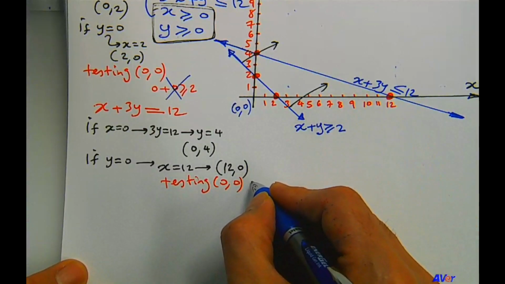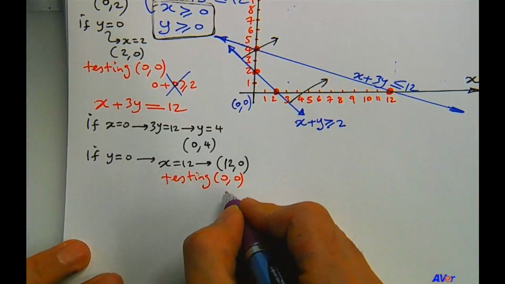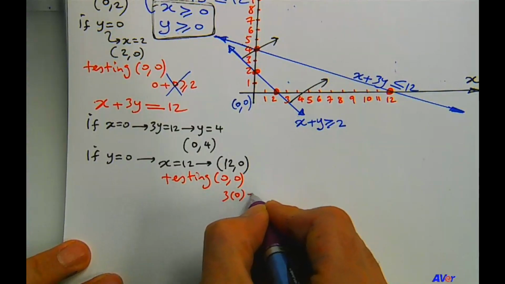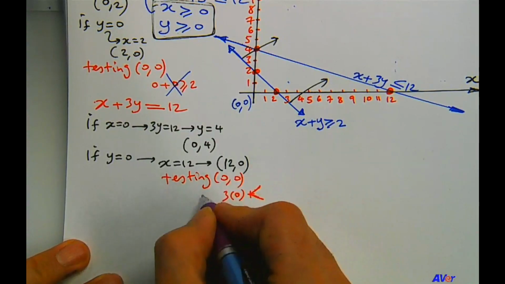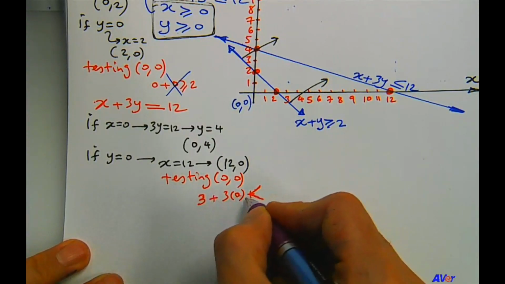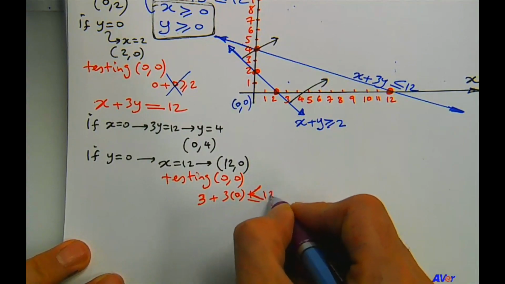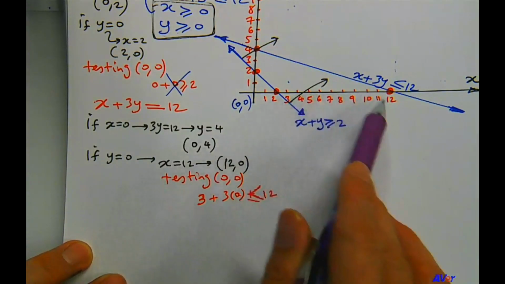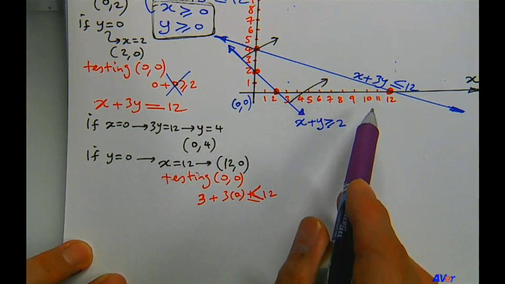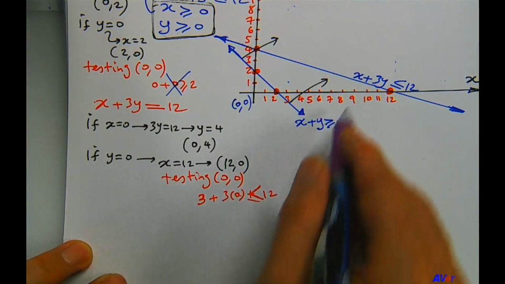We get 3 times 0 plus, so we get 3 plus 3 times 0 less than or equal to 12. Let's see what happened here. So that is 0.